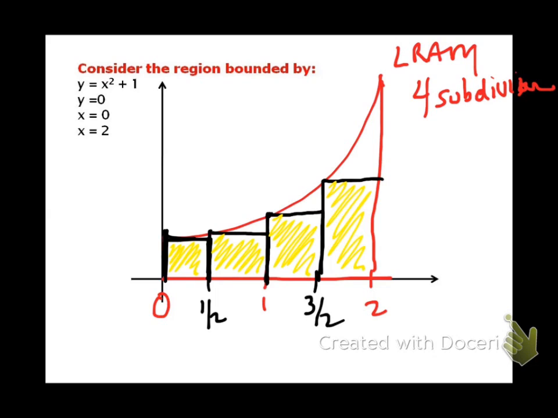Each one of these rectangles has a base value here of 0 to 1, right? Or sorry, 0 to 1/2. So each one is 1/2 a unit long, and then we need to figure out the height for each rectangle, which is the height until it hits the y coordinate of the x squared plus 1 equation.